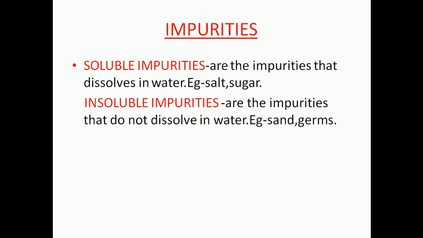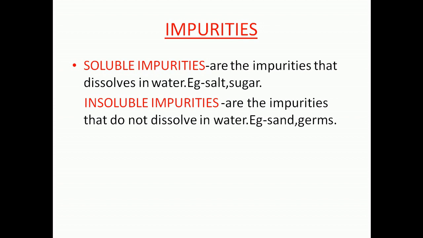Impurities are of two kinds, soluble impurities and insoluble impurities. Soluble impurities are the ones that dissolve in water, like salt and sugar, while the insoluble impurities are the ones that do not dissolve in water, like sand and germs.